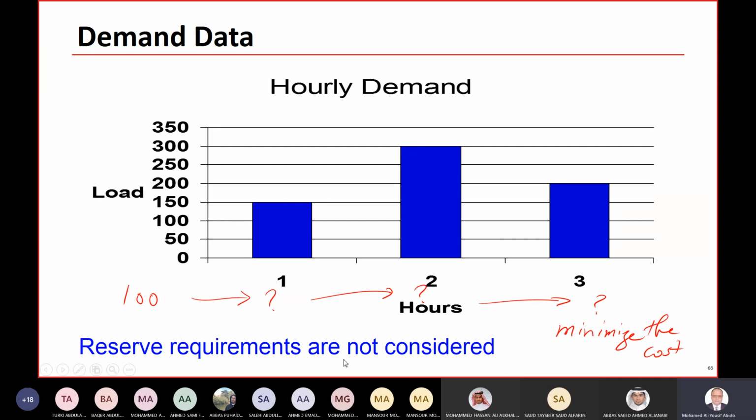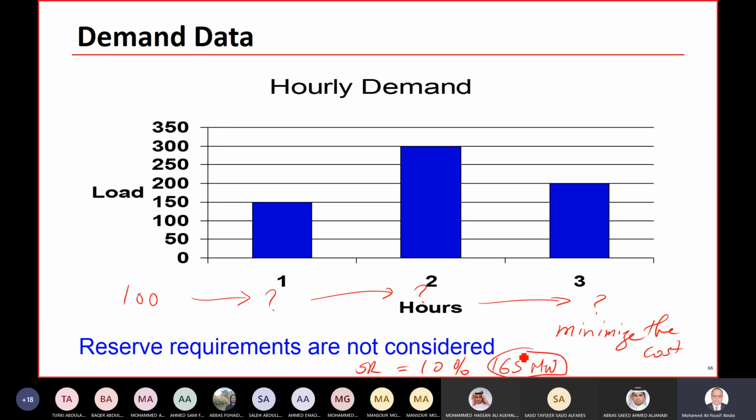The reserve requirements are not considered. Don't consider the spinning reserve requirements. If you want to consider them and you are given that the spinning reserve is 10% of the load, then this load will not be considered as 150, but 150 times 1.1, so 165 megawatt.